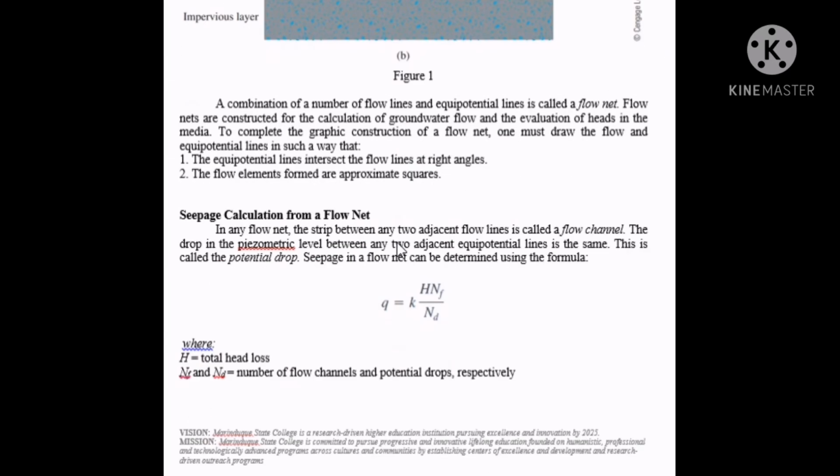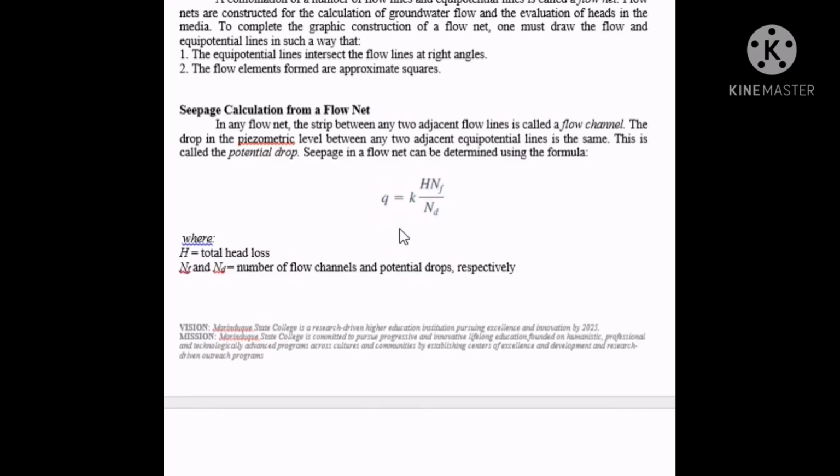So, how are we going to compute for the seepage calculation? In any flow net, the strip between two adjacent flow lines is called a flow channel, and the drop in the piezometric level between any two adjacent equipotential lines is the same.